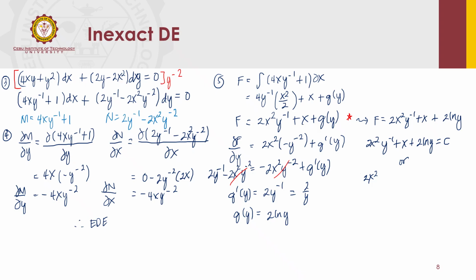The purpose again is to get rid of that negative exponent. So it's 2x squared y to the 0, or that's 1, for the first term, and then xy for the second term, and then 2y ln y equals cy. So the answer is 2x squared plus xy plus 2y ln y equals cy.